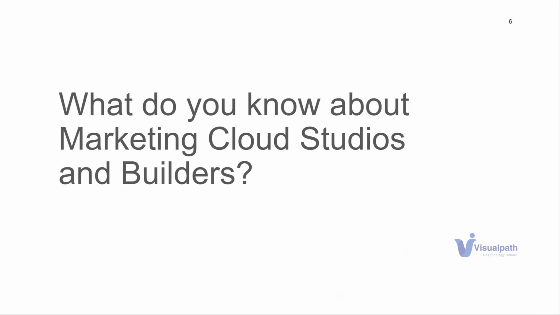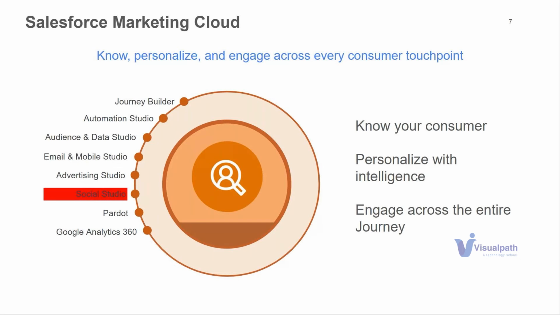So Marketing Cloud is a mix of multiple studios and builders. It's not one particular studio or one particular thing. In Marketing Cloud we have multiple studios and multiple builders. If you dig deep into that, Salesforce Marketing Cloud has Journey Builder, Automation Studio, Audience Builder, Data Studio, Email Studio, Mobile Studio, Advertising Studio.